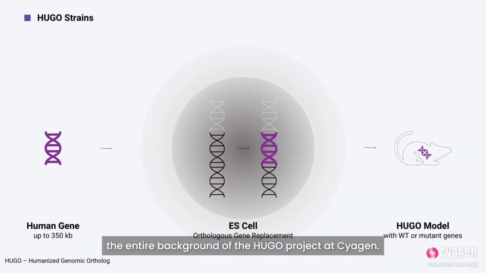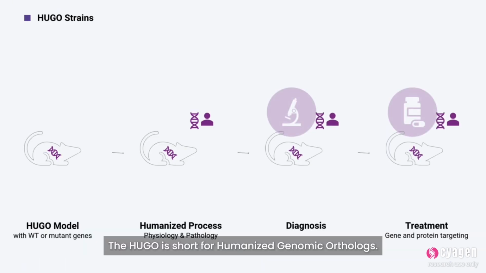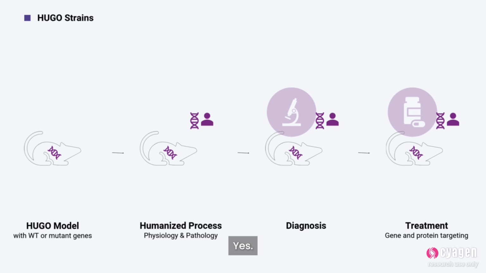Before talking about the HUGO-Tau as a new word, I would like to talk a little bit about the entire background of the HUGO project at Cyagen. HUGO is short for Humanized Genomic Ortholog. That means replacing the entire gene in the mouse, the genomic sequence, not just the CDS, by the human genomic sequence.